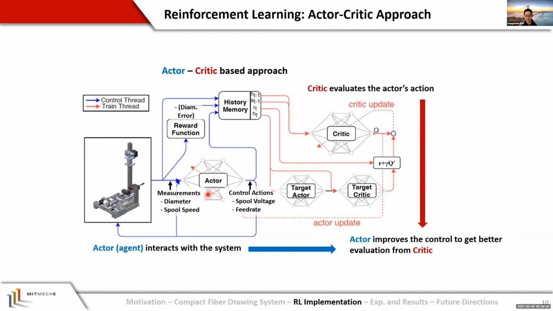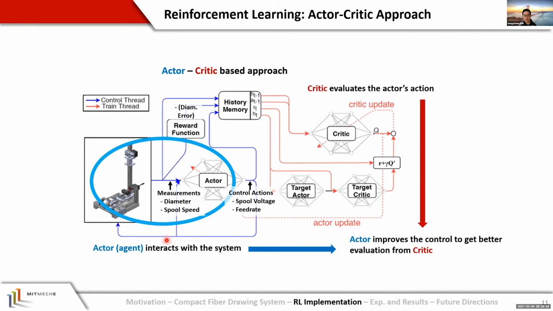The actor is the controller that interacts with the system, and the critic is the one that evaluates the actor's action. The idea is that the actor improves its control to get a better evaluation from the critic. Let's look at how it works step by step in the next slides.